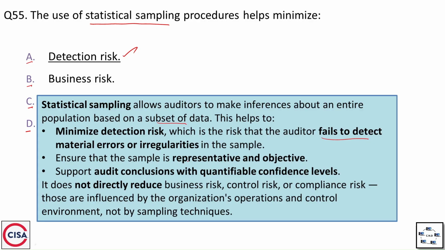Ensure that the sample is representative and objective, and support audit conclusions with quantifiable confidence levels. It does not directly reduce business risk, control risk, or compliance risk. Those are influenced by the organization's operations and control environment, not by sampling technique.